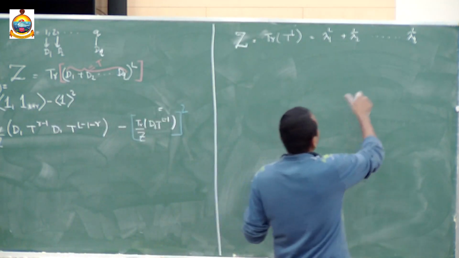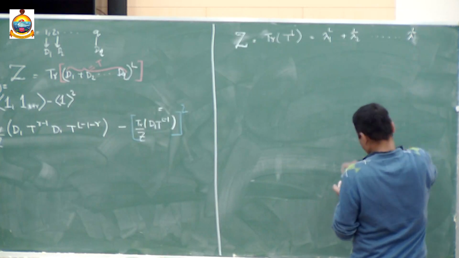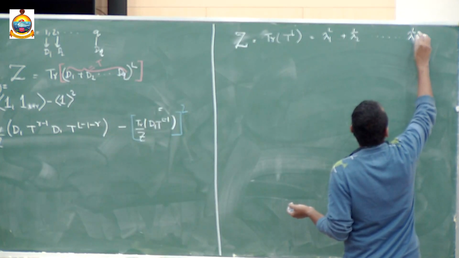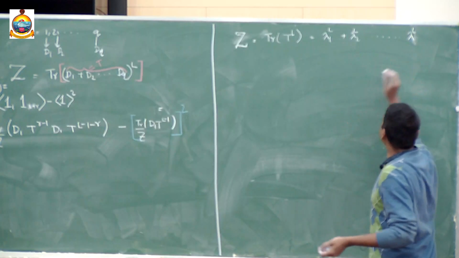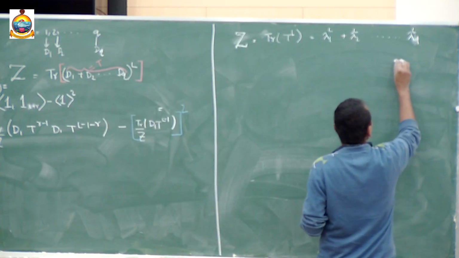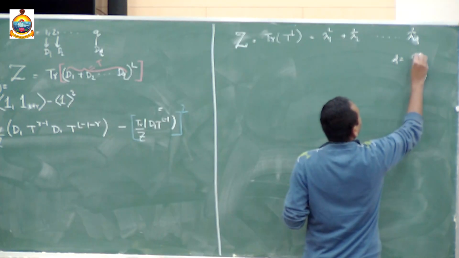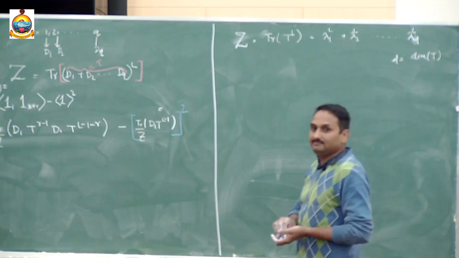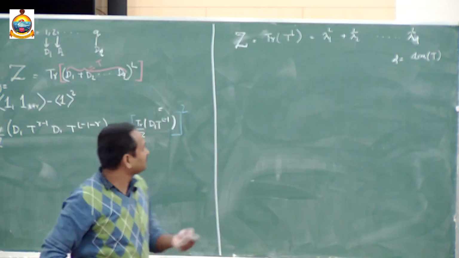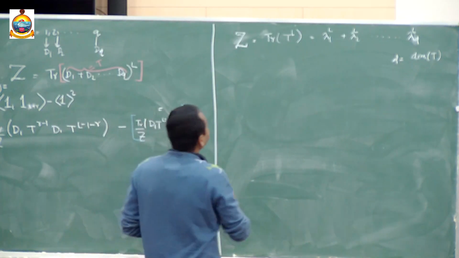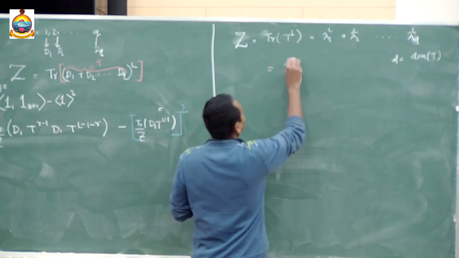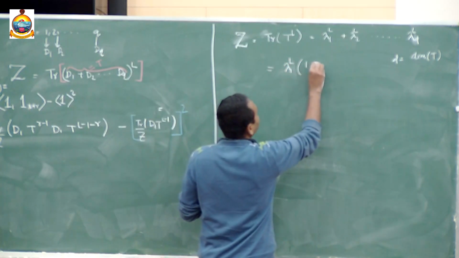But this dimension, because I have not specified, I can put whatever. So whatever the dimension d. So d is the dimension of the transfer matrix, d equal to dimension of T. So this can be written as lambda 1 to the power L times 1 plus.